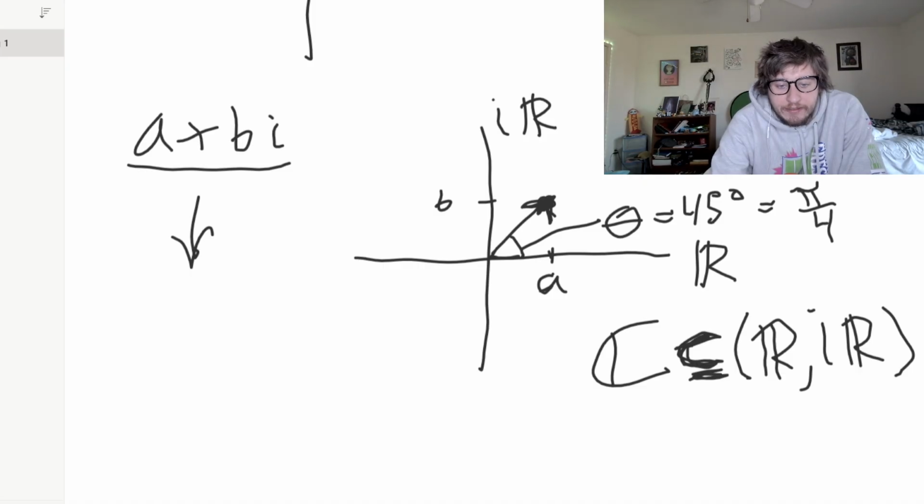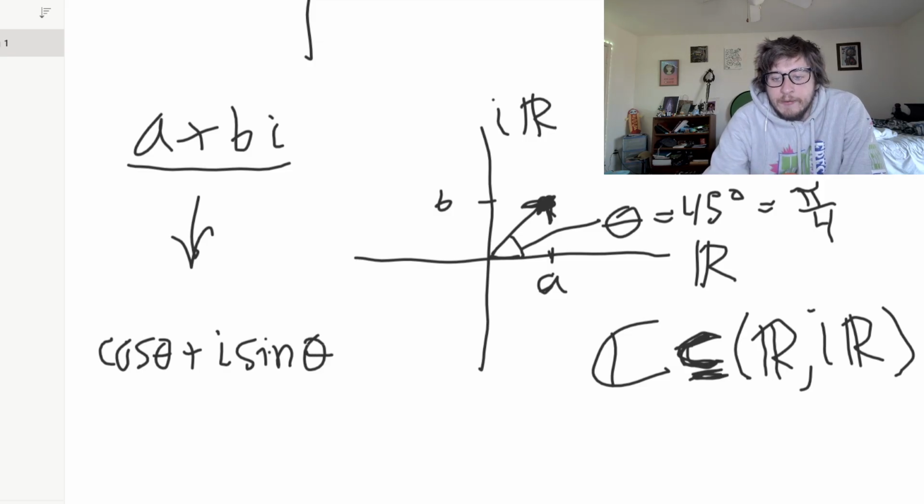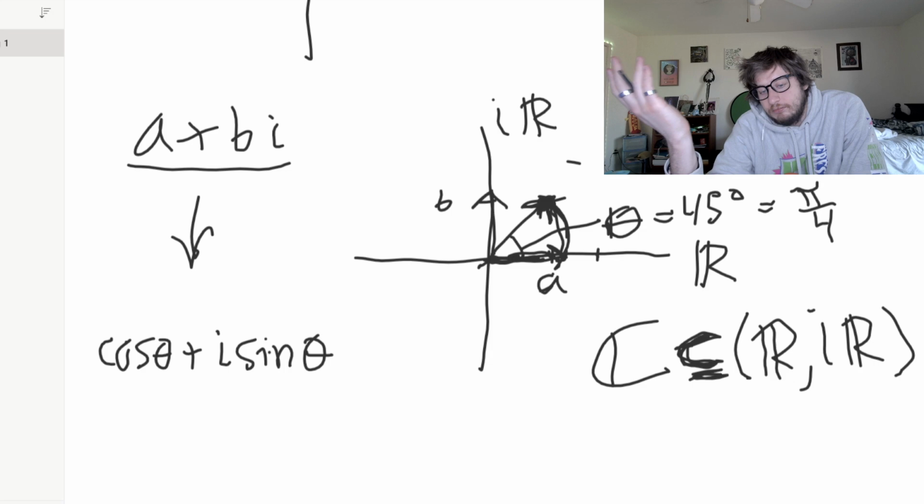So this can also be written as cosine theta plus i sine theta, where sine theta is the distance up and cosine theta is the distance this way. You draw it by swinging out from a point. You go along the axis and then swing out a certain number of radians and you get to your point that way.